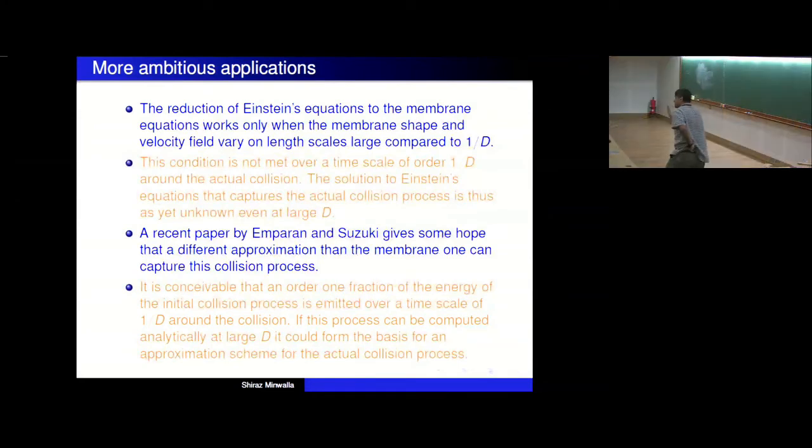It's possible that an order 1 fraction of the initial energy is radiated away in the collision process. If so, it suggests that at large D, what happens when two black holes collide is a sharp pulse of radiation over a very short time, and then you see nothing. If that's true, it would be nice to compute exactly what you see. It's also possible that very little is emitted. I don't really know. Okay, thank you.